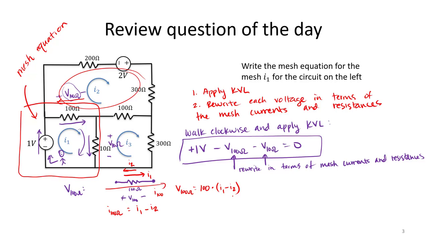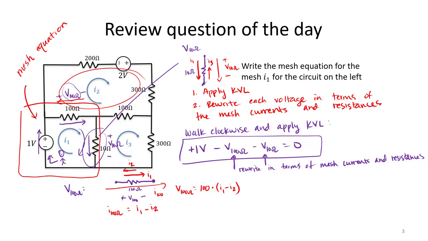We can use a similar approach for the voltage across the 10 ohm resistor. Notice that we care about the voltage heading in that downward direction. In that direction, we have current I1 moving downward and current I3 flowing in the opposite direction.